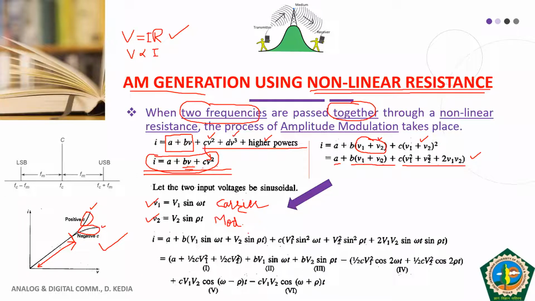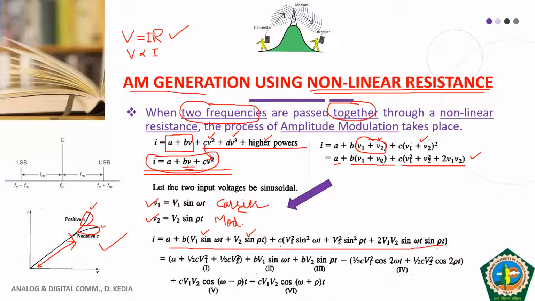Once we substitute the values of V1 and V2 in this expression, in place of V1 we have V1 sine omega t, and in place of V2 we put V2 sine rho t.